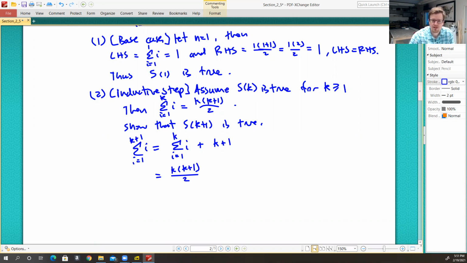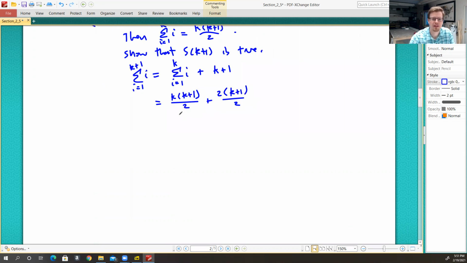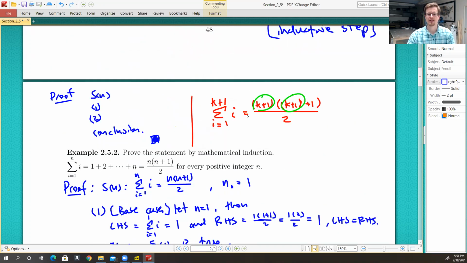And then what I can do here is say, well, that's plus 2 times k plus 1 divided by 2. So now I have a common denominator. With a common denominator, I can combine fractions. I might not know where exactly this is headed. Now, of course, I do, but when I first write this up, I might not know where it's headed. I just know that this thing is only one fraction.